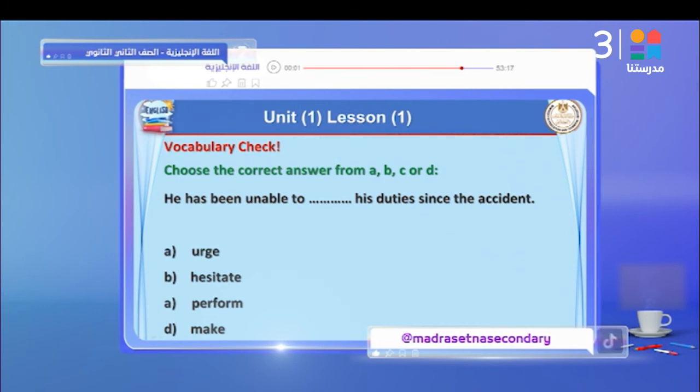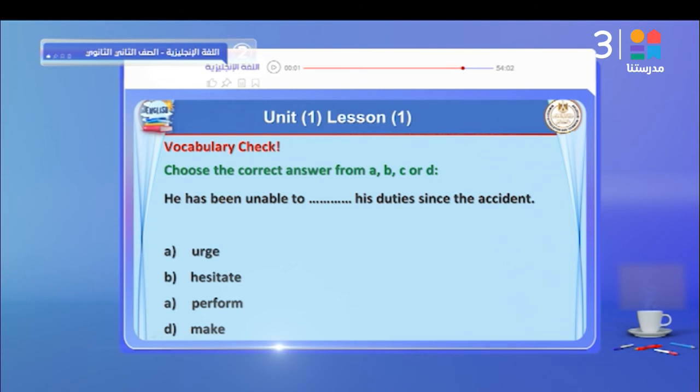Okay, so we have the word duties. What do I do with the duties? Do I urge them, hesitate them, perform them, or make them? Of course, I do my duties. What is the word here that is similar in meaning to the word do?